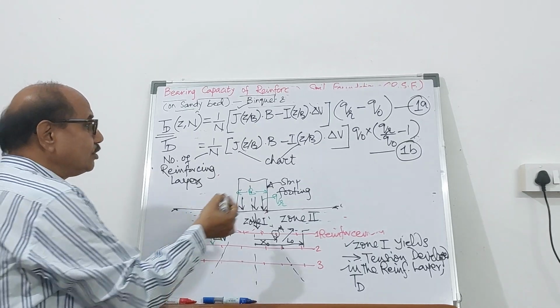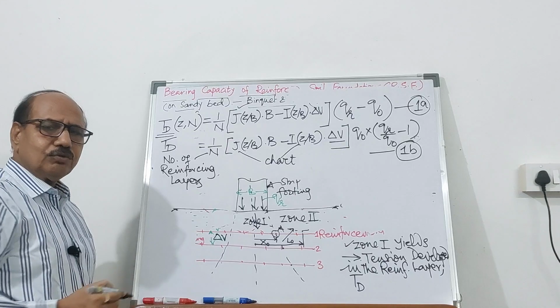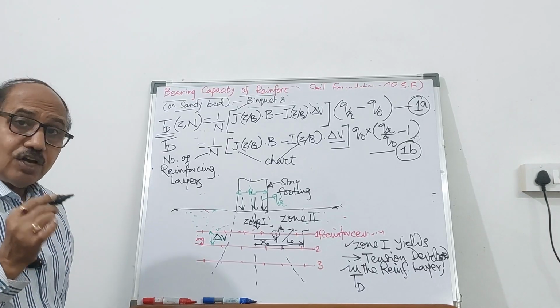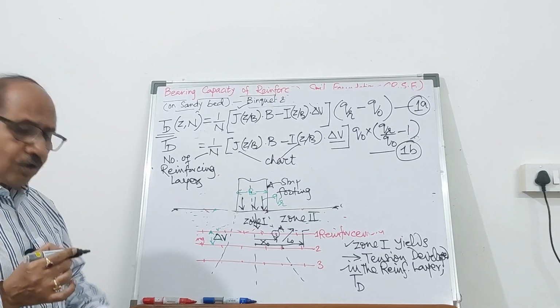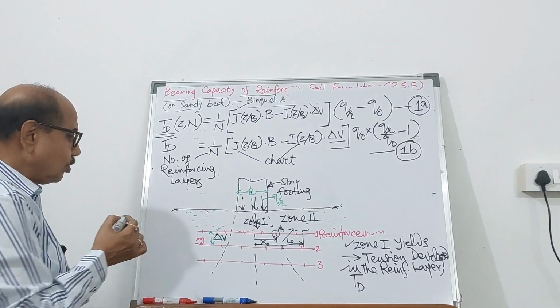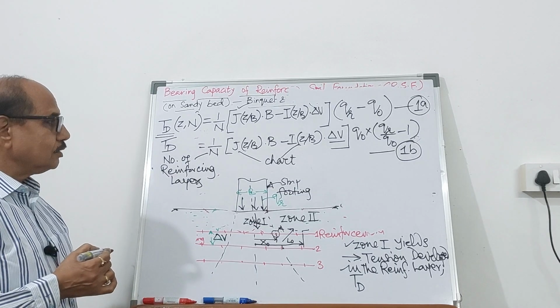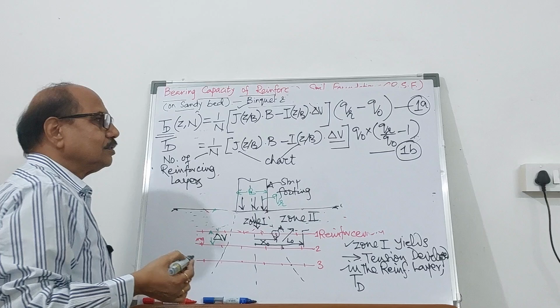Now, the tension also depends upon delta V, what spacing you are going to have. What is the optimum spacing? That's very important. That's also critically important. So here, what is this QR divided by Q naught?